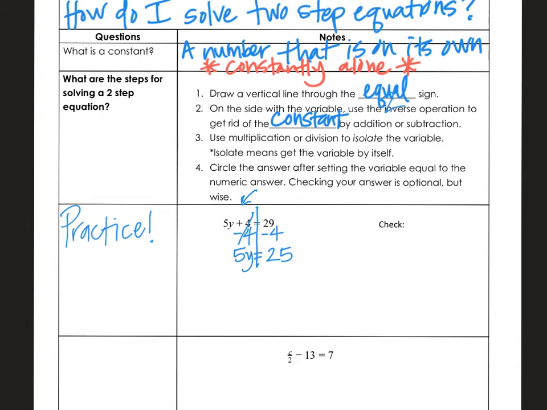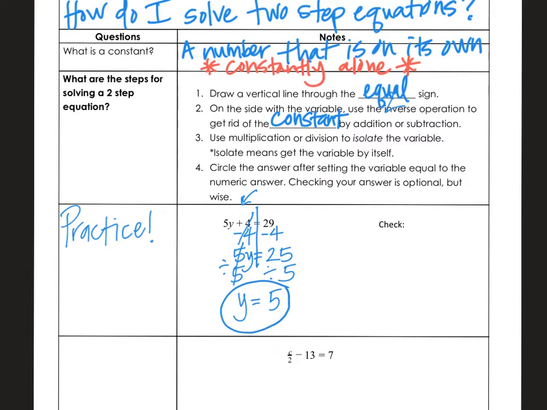And the number that I'm going to divide by is the number that's with the variable, and that is 5. So I'm going to divide by 5 on both sides. When I have 5 and I divide by 5, then I'm going to have y by itself. And then on the right-hand side, 25 divided by 5 is going to give me 5. So in this case, y equals 5.